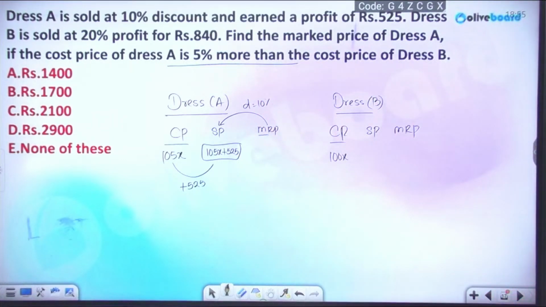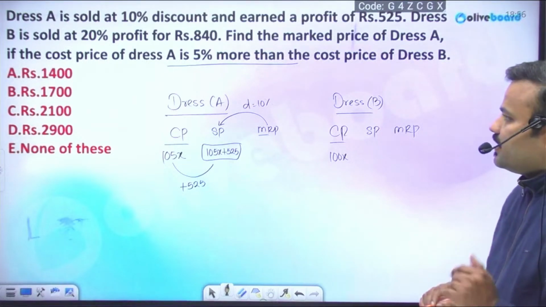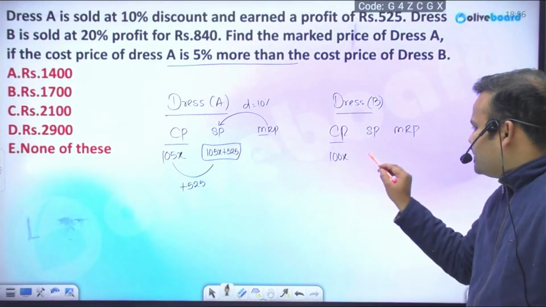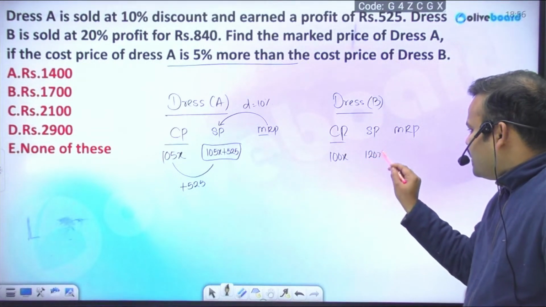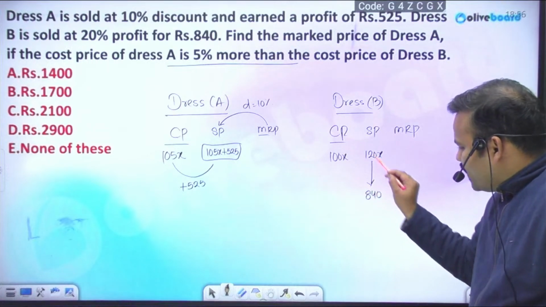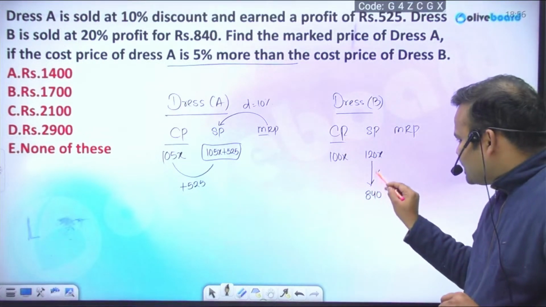Now dress B is sold at 20% profit for rupees 840. 20% profit means 120x, and this 120x is nothing but 840. 12 times 7 is 84, that means this is 7 times.